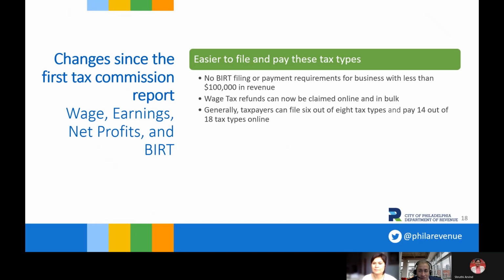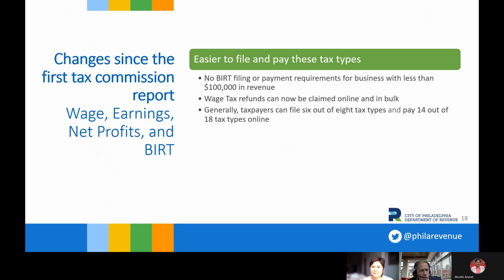We've also made it easier to file and pay these tax types through the years. Rebecca spoke about several ways businesses can file and pay taxes today through Revenue's portal or modernized e-filing or paper. And apart from these changes, we've also eliminated the BERT filing requirement for businesses with less than $100,000 in revenue.